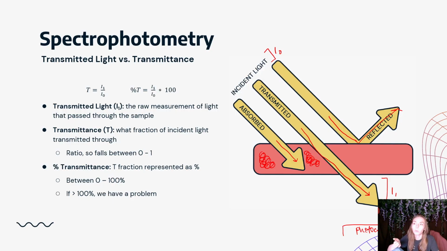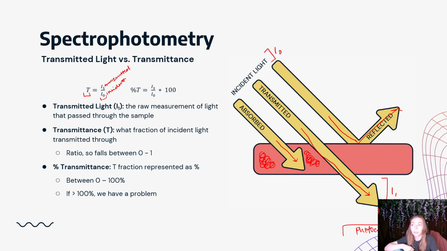So if we're talking about transmittance, transmittance would be your transmitted light over your incident light.